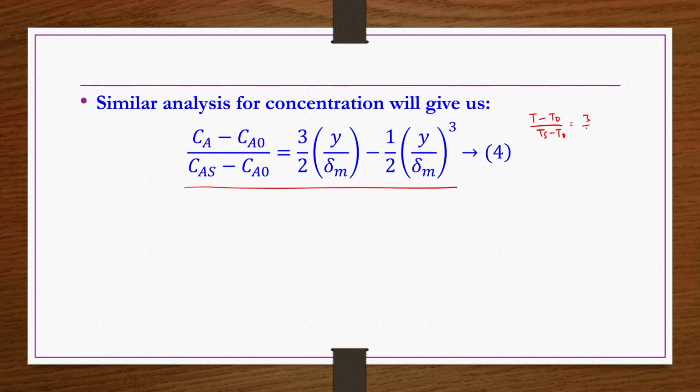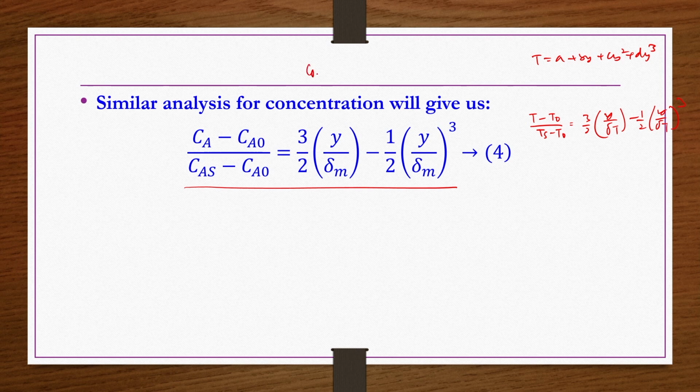So, the temperature difference, what we had taken, T minus T naught by Ts minus T naught, equals 3 by 2 y by delta T minus 1 by 2 y by delta T whole cube, we got by taking T equals A plus By plus Cy square plus Dy cube, a third degree polynomial expression for the temperature.